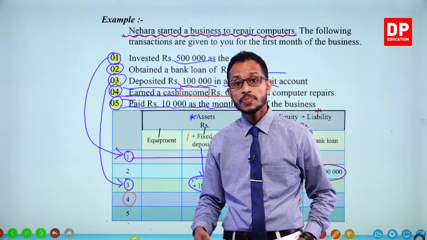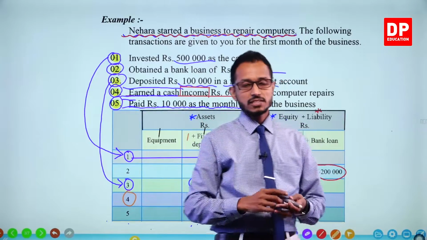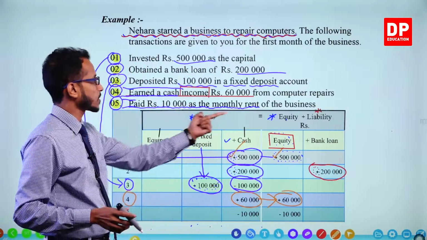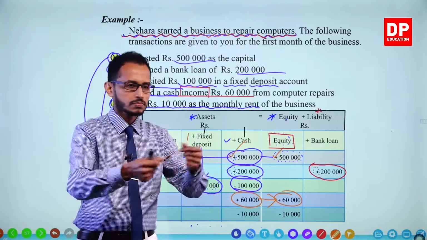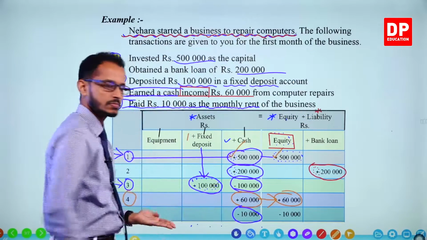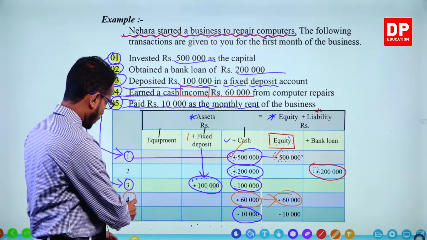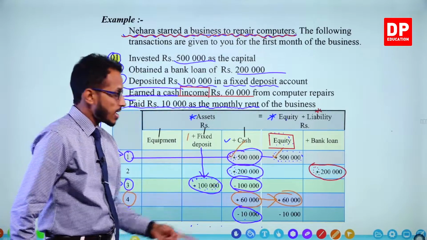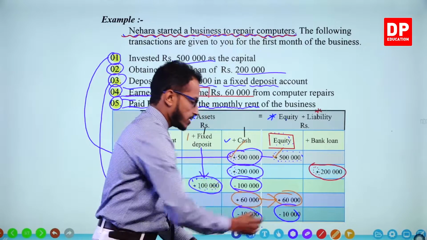Various expenses are there. When money is spent for expenses, cash goes out. So cash decreases. Fifth transaction, cash decreases. At the same time, it decreases equity.